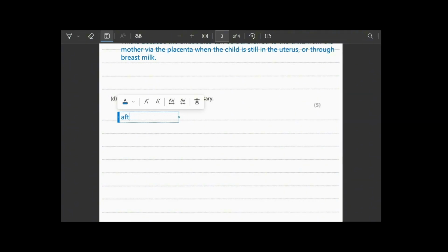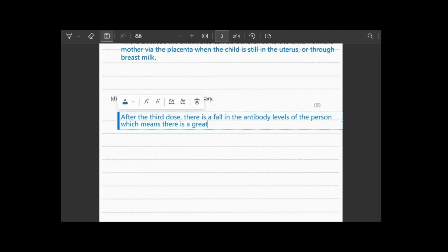After the third dose, there is a fall in the antibody levels of the person, which means there is a greater risk of the person having the disease.